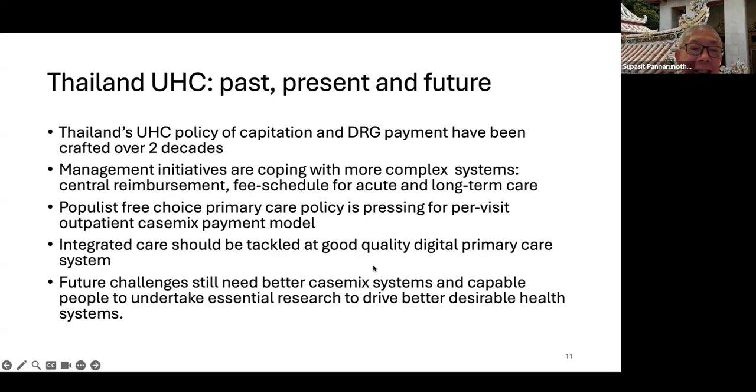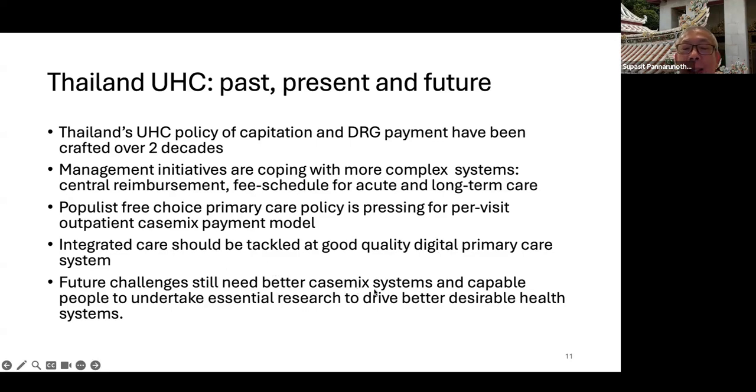This is a future challenge, to be discussed after the talk: can we achieve this challenge of providing integrated care with a good IT system and good designs of payment models?